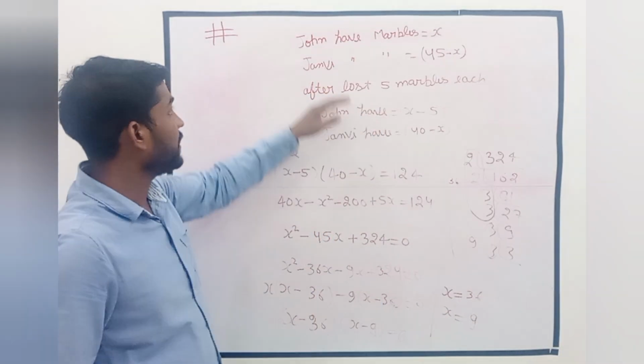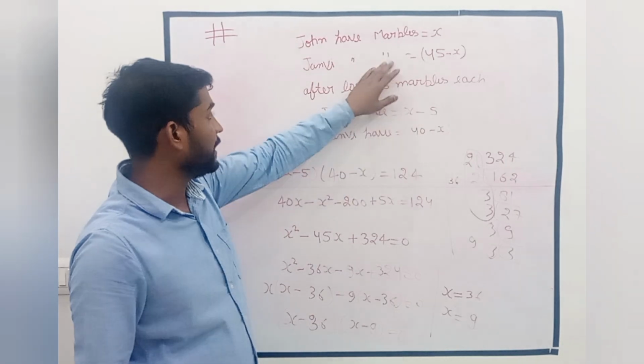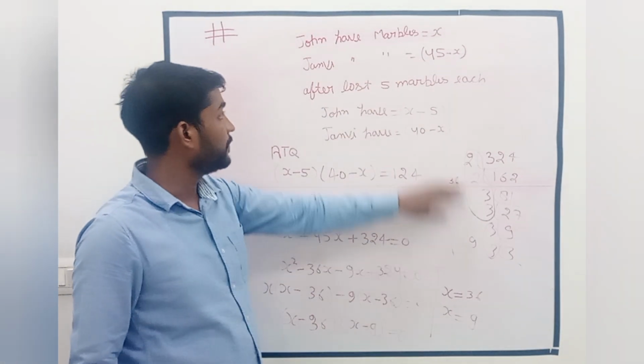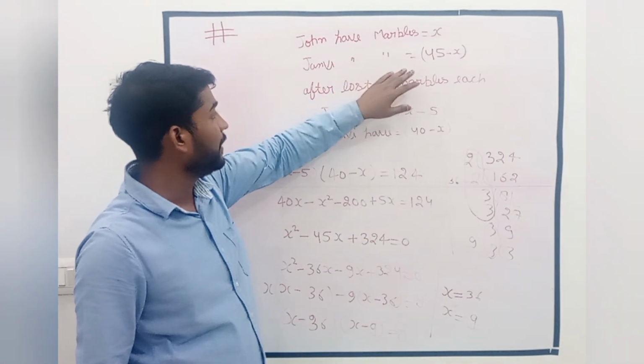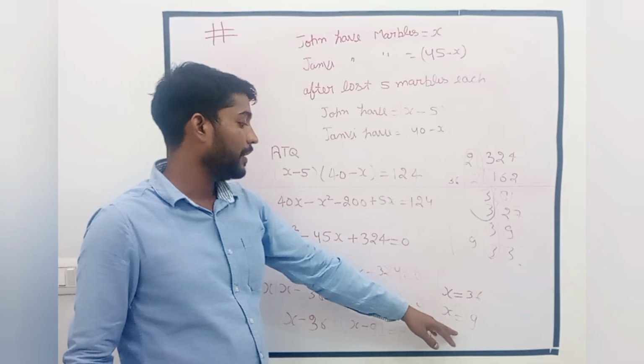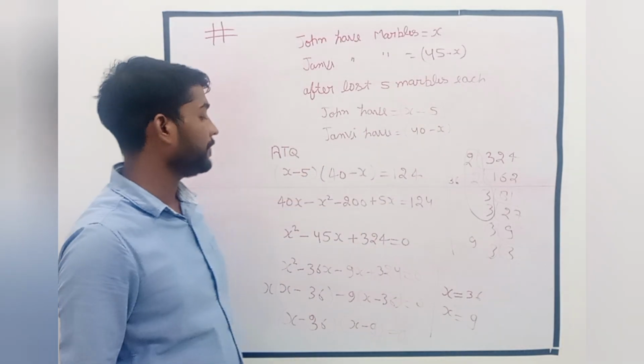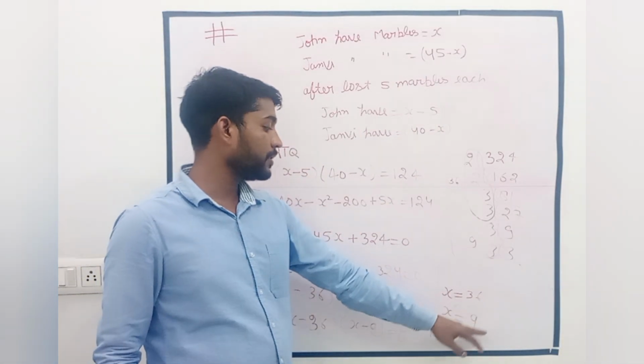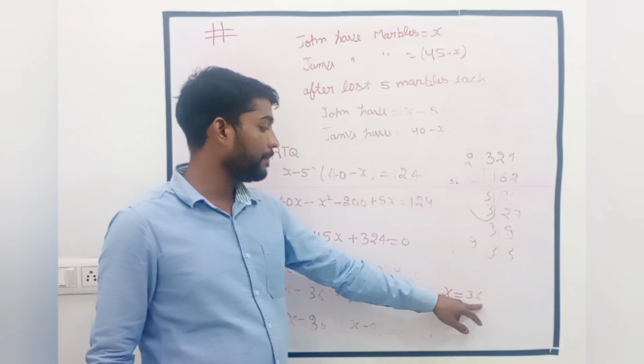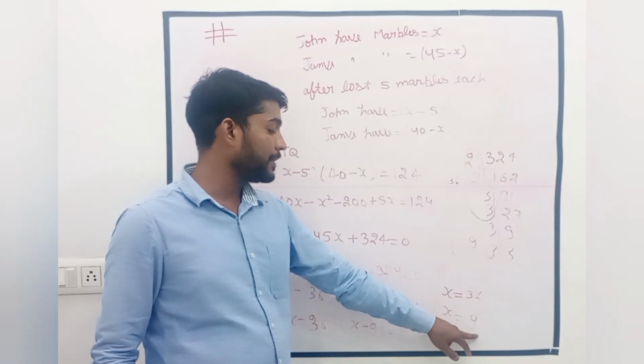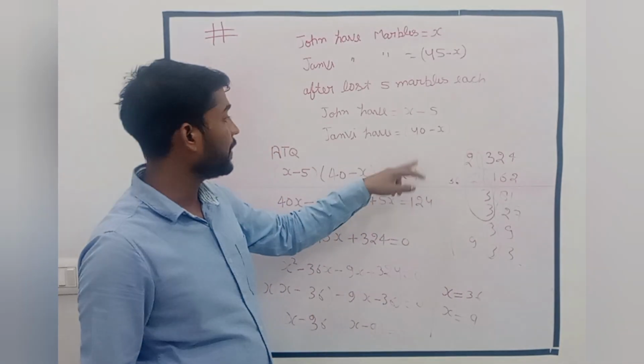That says that if John has 36, then Janvi has 9. If John has 9, then Janvi has 36, and the sum of this is 45. After losing 5 each, it will become 31 and 4, and 31 into 4 becomes 124.